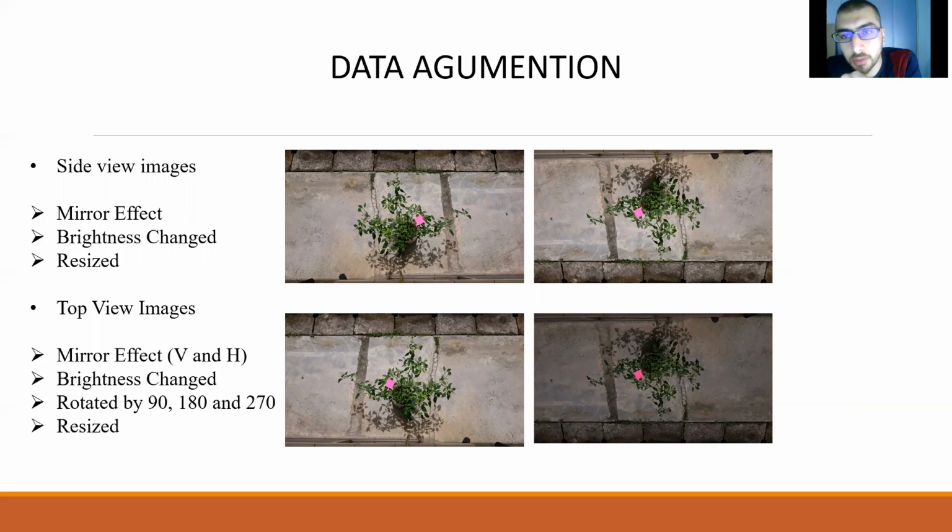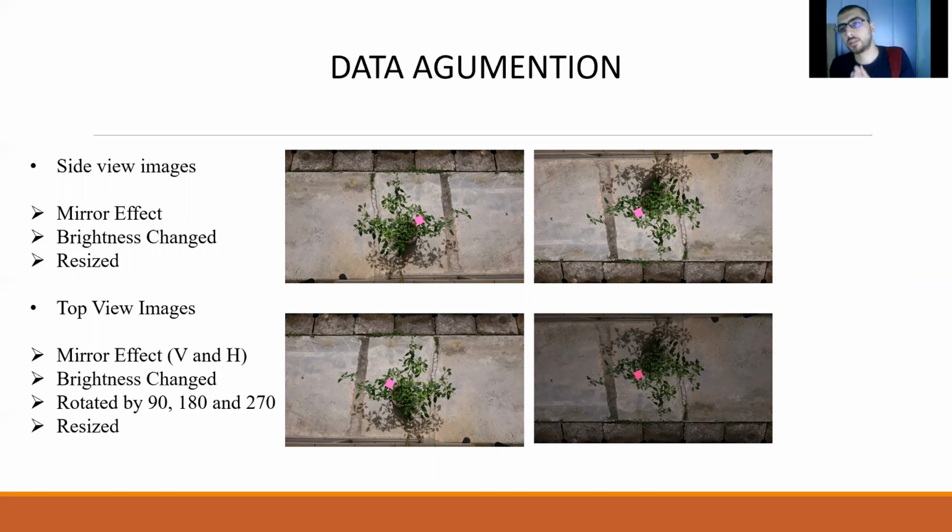The one beside it is the image rotated by 180 degrees. The one on the bottom left is the mirrored image under the horizontal mirror effect. And the last one on the bottom right is the brightness changed image.